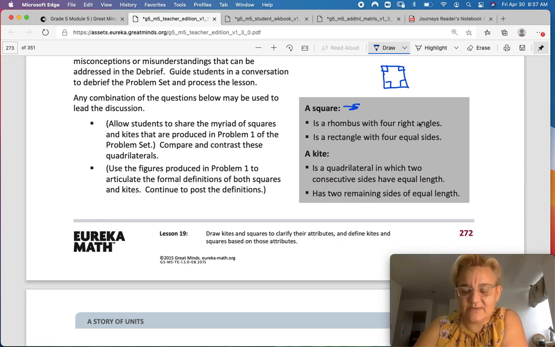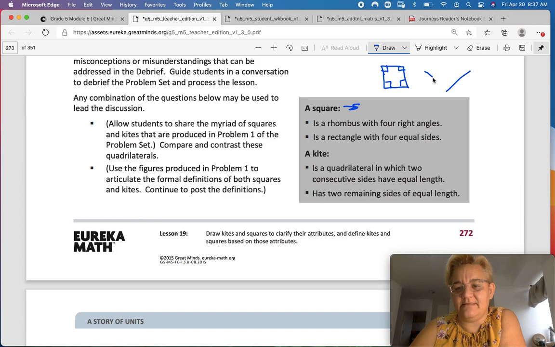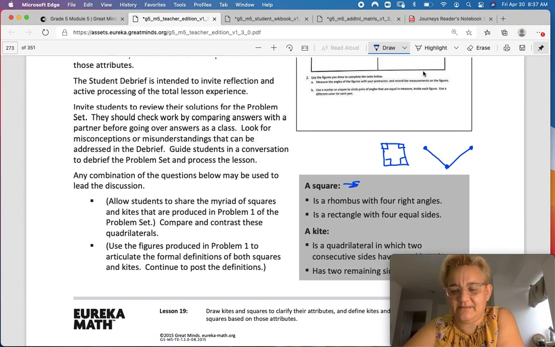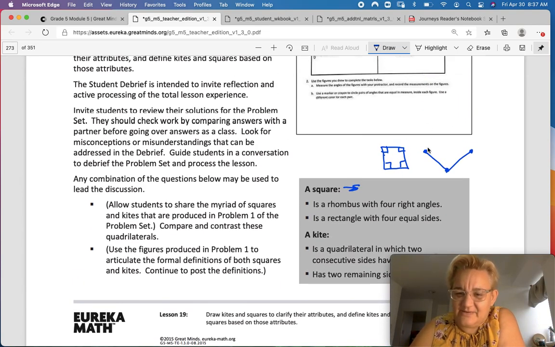A kite is a quadrilateral in which 2 consecutive sides have equal length, which means that the remaining 2 sides also have equal length. So if I do this and this, I need to make sure that this side and this side have the same length. This one is equal to this one, and this one is equal to this one.